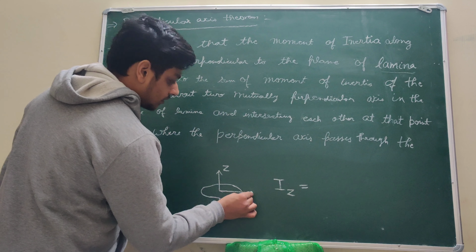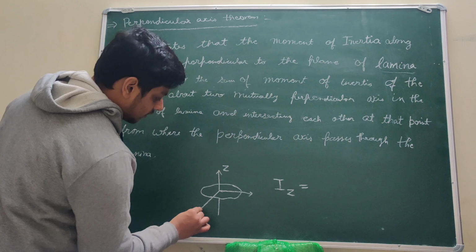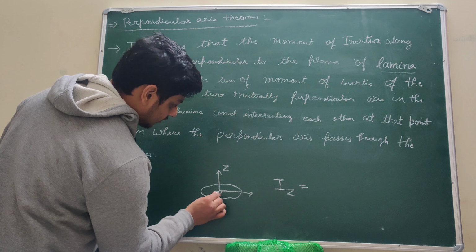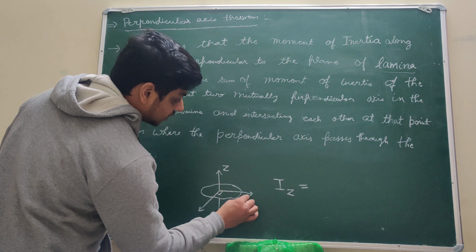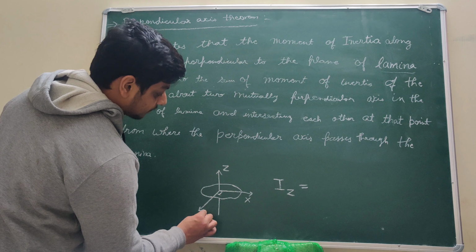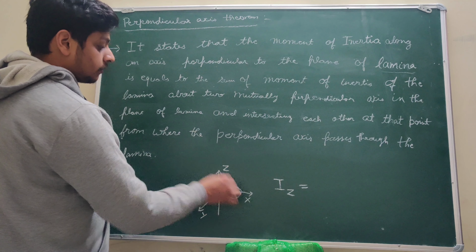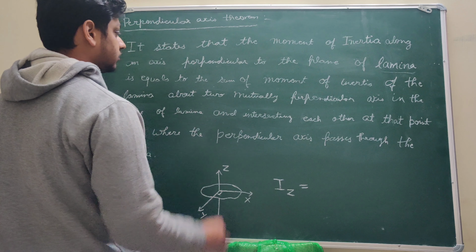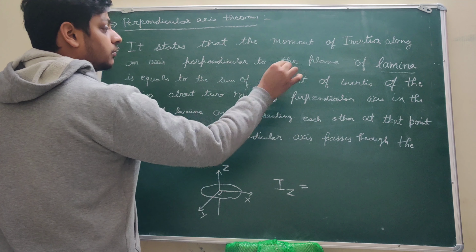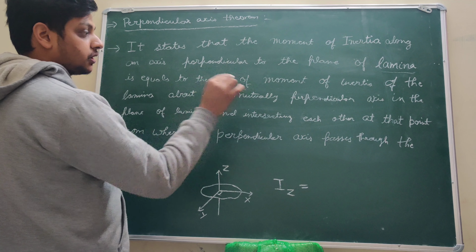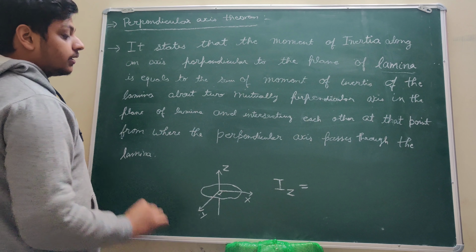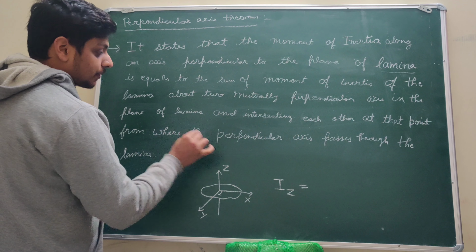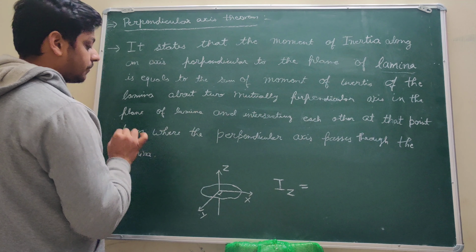Suppose there are two axes which are mutually perpendicular to each other, and they are lying in the plane of lamina, x and y. So the sum of moment of inertia of the lamina about two mutually perpendicular axes in the plane of lamina and intersecting each other at that point from where the perpendicular axis passes through the lamina.